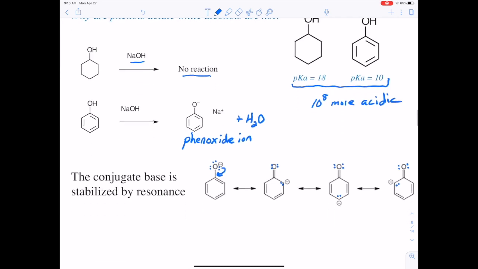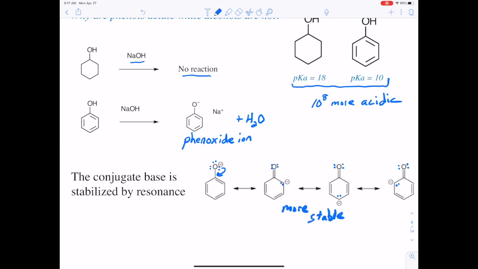So we have multiple resonance structures for the phenoxide ion. And remember, when you can spread that charge out, delocalize the electrons, you lower the energy and make it more stable.